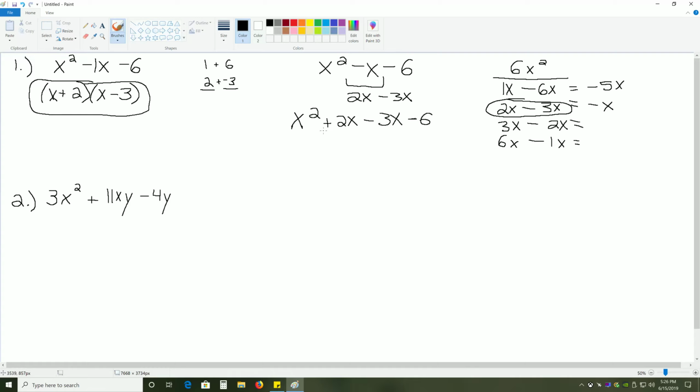And now from here, this is a factor by grouping problem. We're going to group our two pairs of terms together. And always remember, you do not leave the negative on the outside of the parentheses. You always put a plus on the outside. And now this allows us to factor.